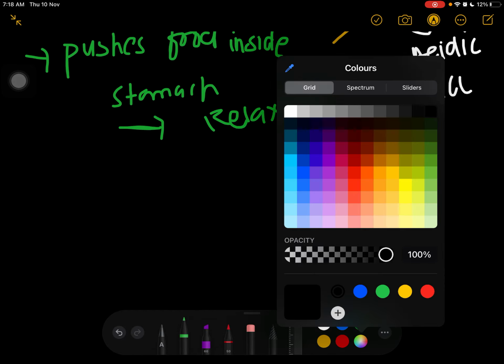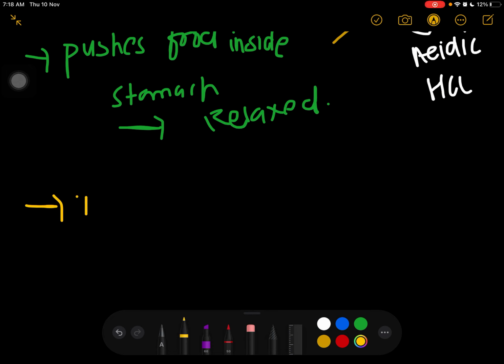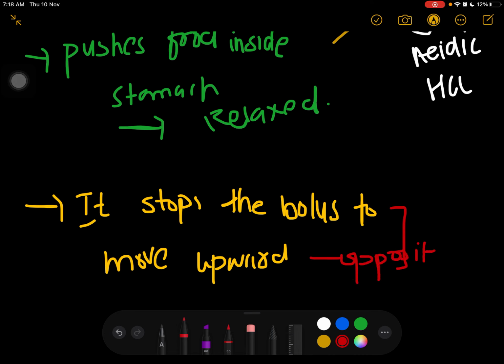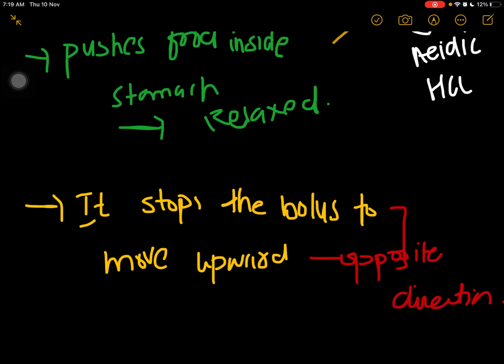Like I talked about the acidic reflux, it stops the bolus from moving upward. It does not let your bolus move in the opposite direction. It lets your bolus come inside the stomach, not go upward, or it also resists vomiting and all that condition.